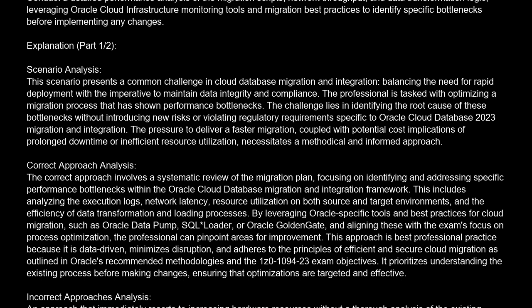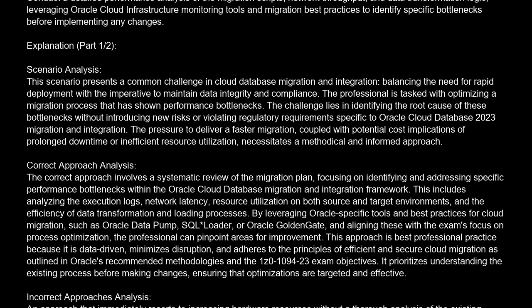Correct approach analysis. The correct approach involves a systematic review of the migration plan, focusing on identifying and addressing specific performance bottlenecks within the Oracle Cloud Database migration and integration framework. This includes analyzing the execution logs, network latency, resource utilization on both source and target environments, and the efficiency of data transformation and loading processes. By leveraging Oracle-specific tools and best practices for cloud migration, such as Oracle Data Pump, SQL*Loader, or Oracle GoldenGate, and aligning these with the exam's focus on process optimization, the professional can pinpoint areas for improvement.